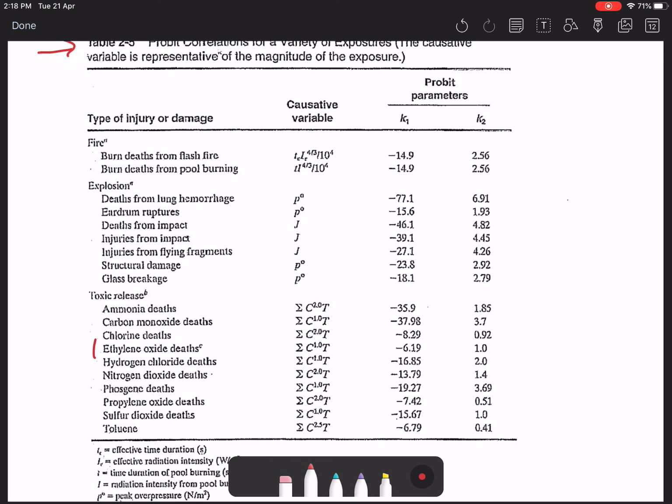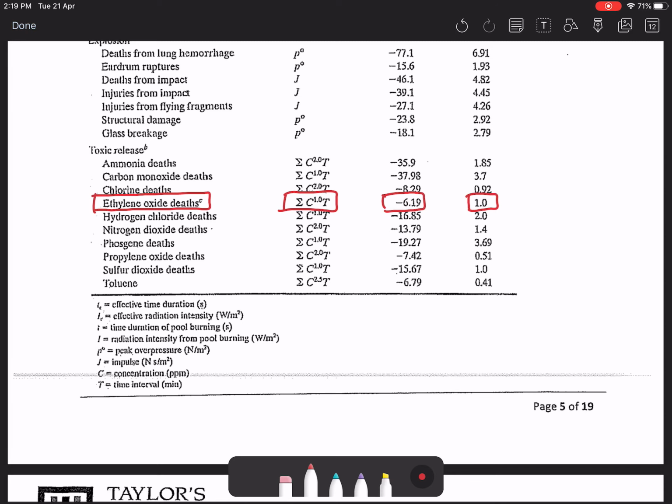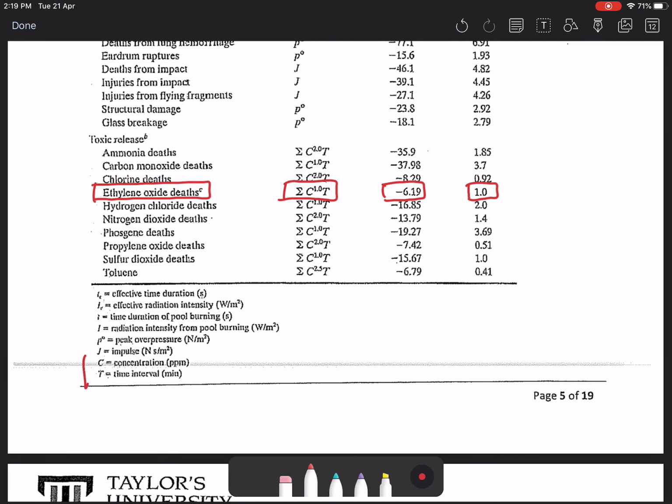As we said, this first value here is the V value, and we have our K1, K2 values here. V is a summation of C to the power of 1 times T. K1 is negative 6.19 and K2 is 1.20. In case you're wondering what C and T are, you can go all the way down here and you'll find it written. C is the concentration in ppm and T is the time interval or time of exposure in minutes.